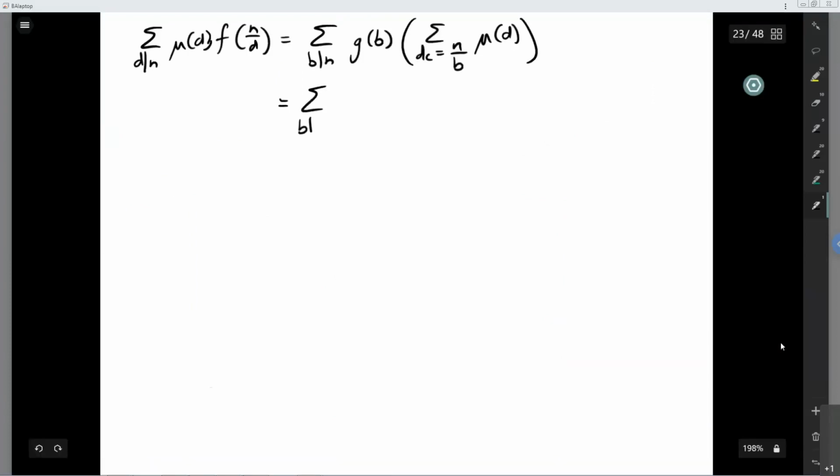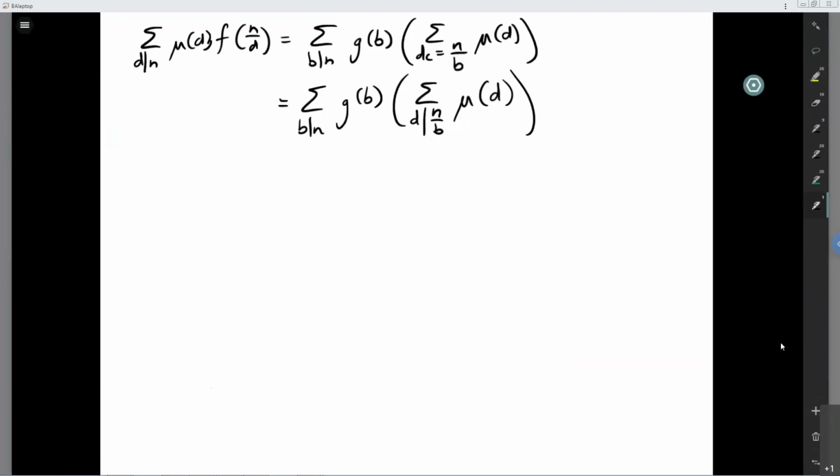So then we say, well, summing over factorizations into two positive integers is the same thing as summing over divisors. But now, this is exactly the sum over divisors of some number of the Mobius function. We know that this is equal to 1 if n over b equals 1, and 0 if n over b does not equal 1.